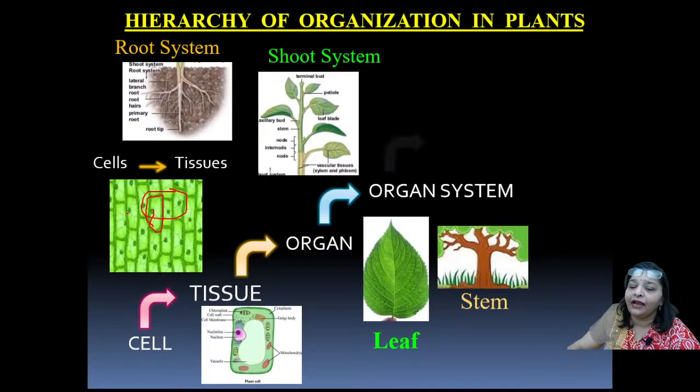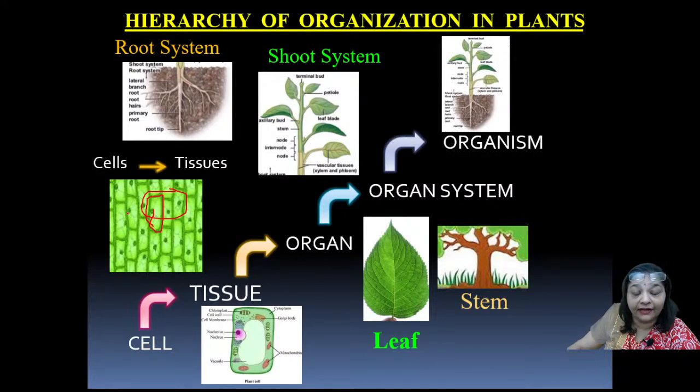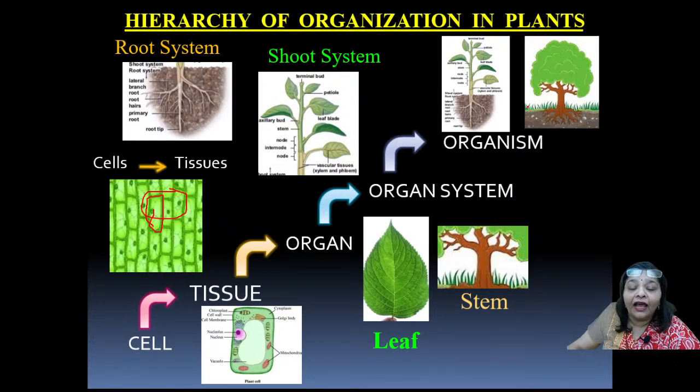Both root system and shoot system combine together, they work together, they are sequentially arranged to form the organism called as plants. Is that clear, all of you? So this is how the plants are organized, and the hierarchy of organization in plants is shown here. Of course, a small plant, when it grows into a large tree, of course, but still has the same hierarchy of organization.